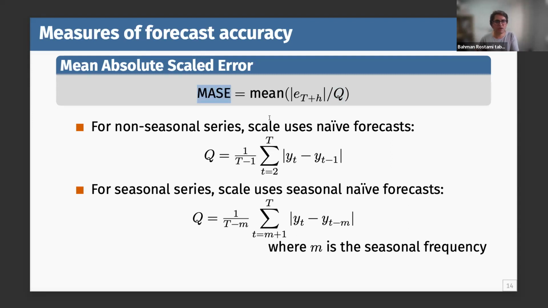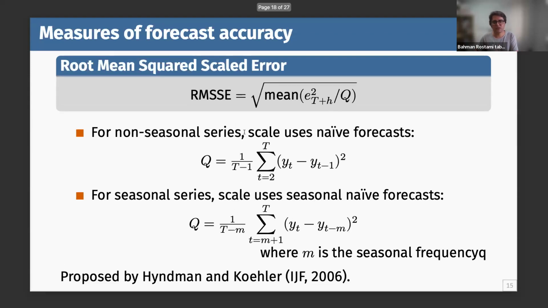Equal to, smaller than, or bigger than 1 doesn't mean that the method you're investigating is better than naive or seasonal naive. Sometimes people misuse MASE, so don't do that. Just use it as a score to compare the accuracy of different methods.